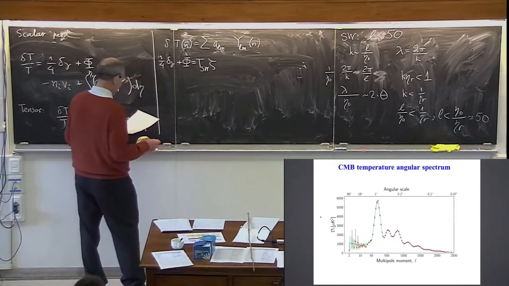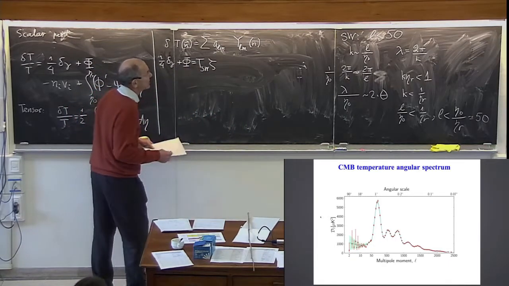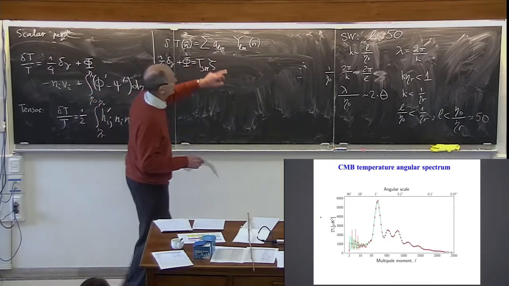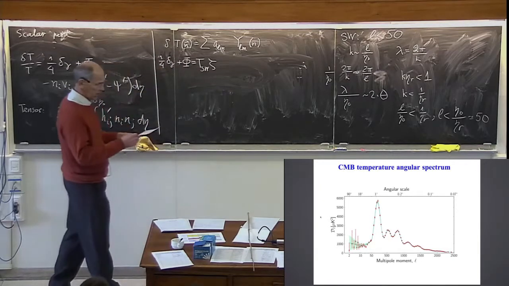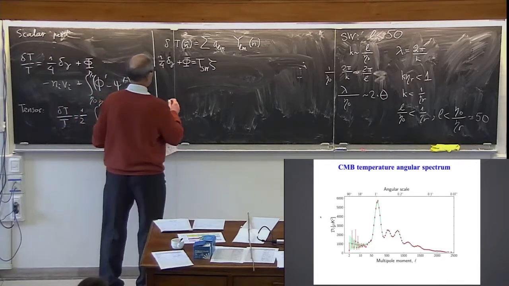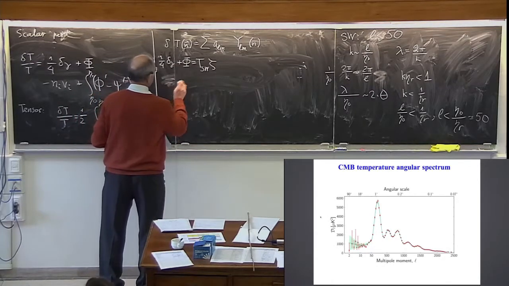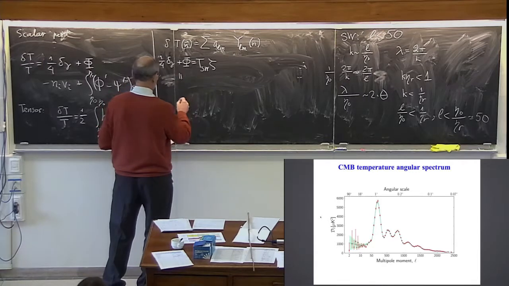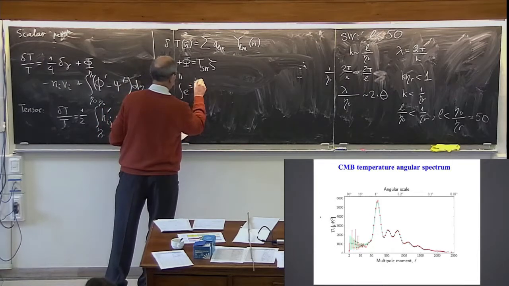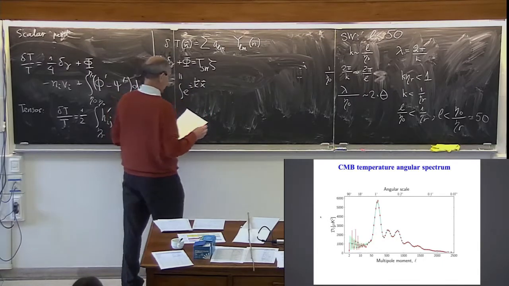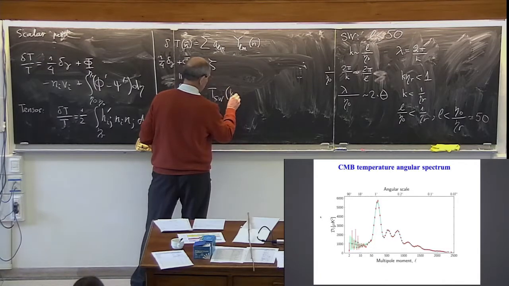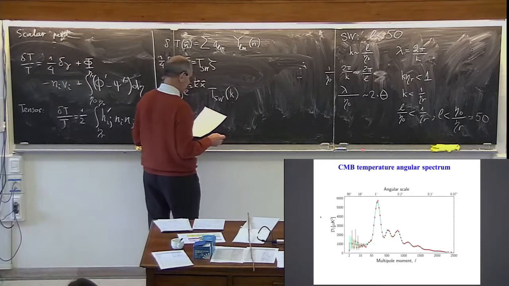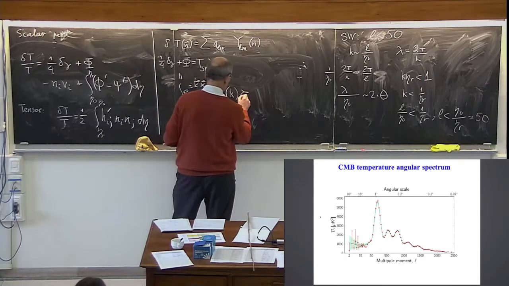Now, what I need to calculate this a_lm is this expression here in the coordinate space. We were doing everything in momentum space, so in the coordinate space, this thing here is just the integral of e^{ikx} T_SW, in principle a function of k and depending on the recombination epoch, times zeta of k, d^3k.